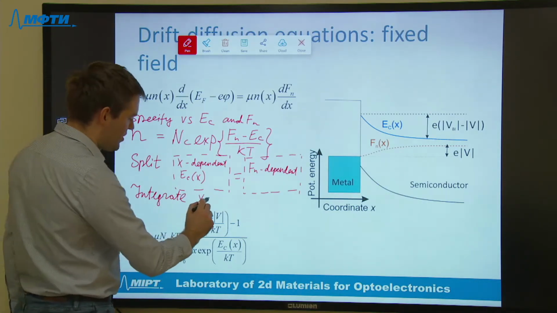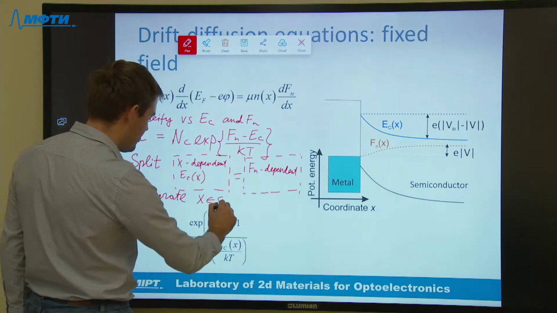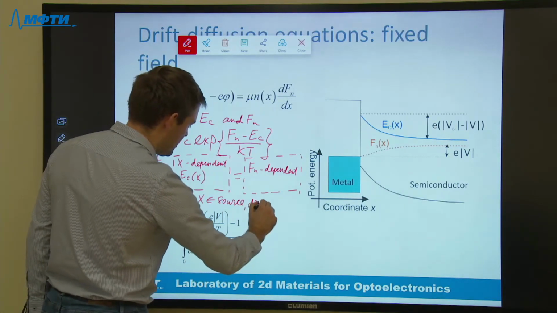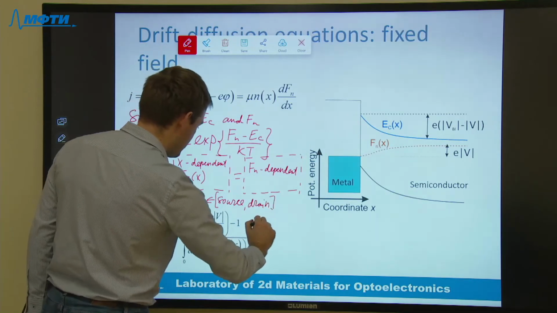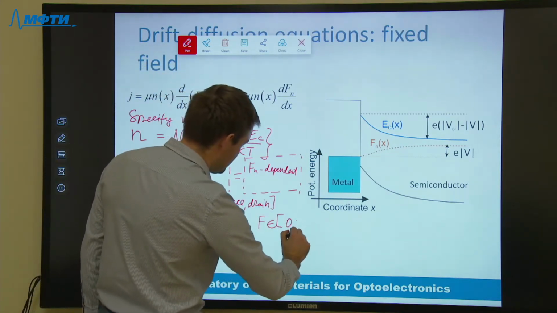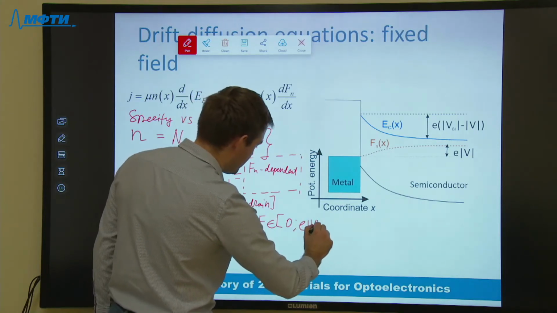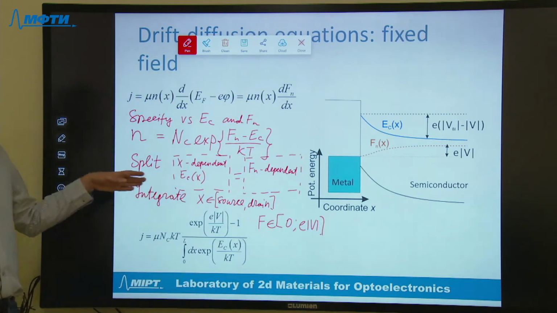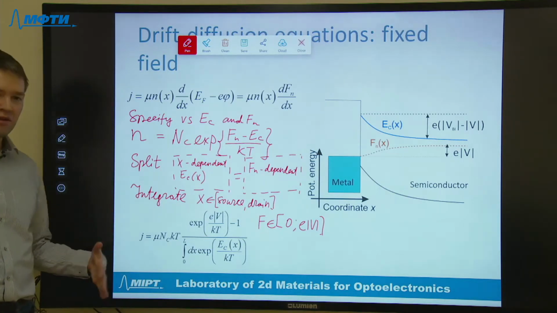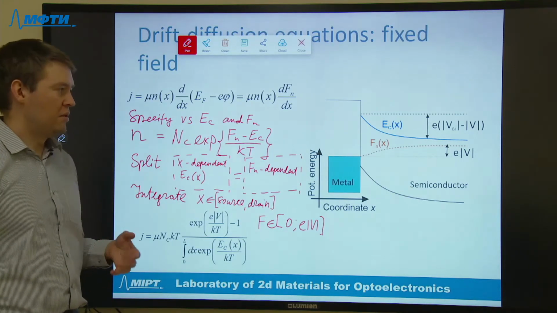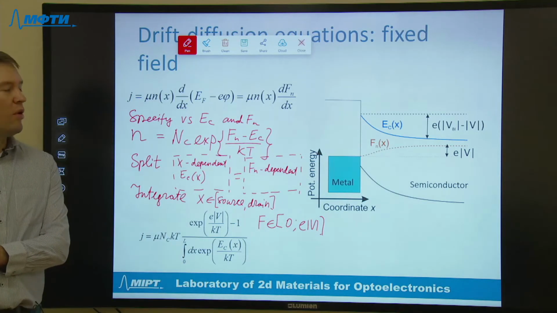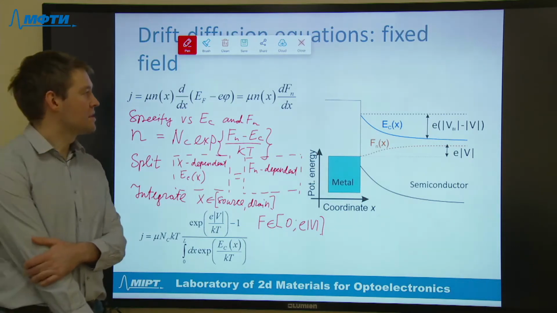Integrate over the coordinate x from source to drain, and the quasi-Fermi level would be in the range from 0 to applied voltage. And then by integration of such an equation you can get the final current-voltage characteristics. I will repeat that it is applicable not only to Schottky junctions but to more complicated structures as well.